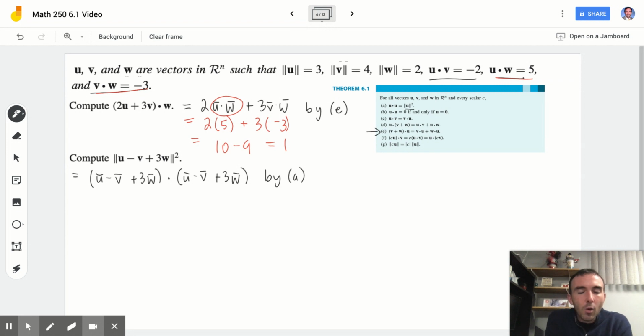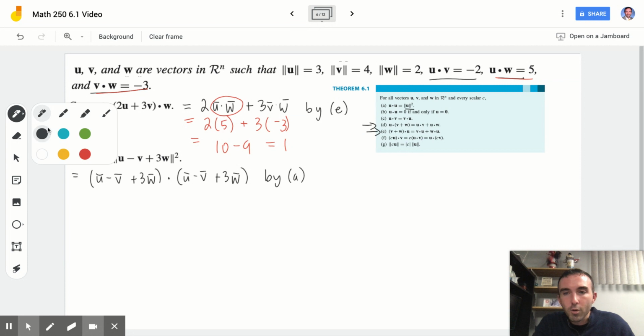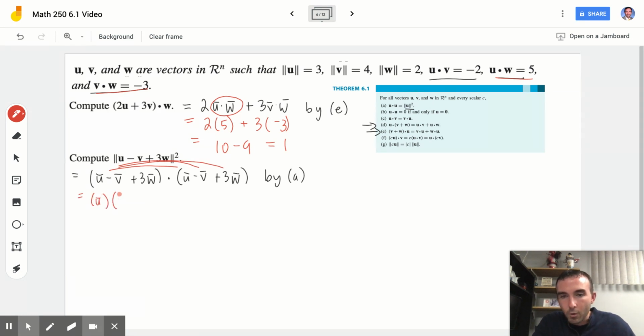And I think you all know by now, when you're squaring something, you're multiplying it by itself. Next, we'd like to try to multiply this out. So we're going to use property D, the left side distributing, and distribute each of the terms on the left to each of the terms on the right. So for my next step, I'm going to do vector u multiplied by u minus v plus 3w.